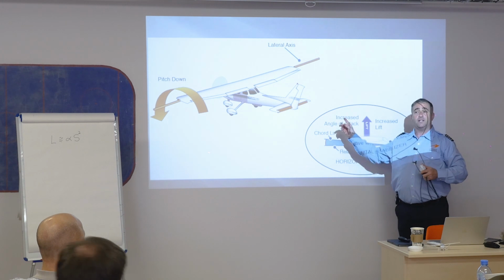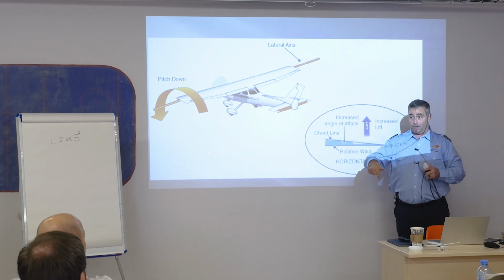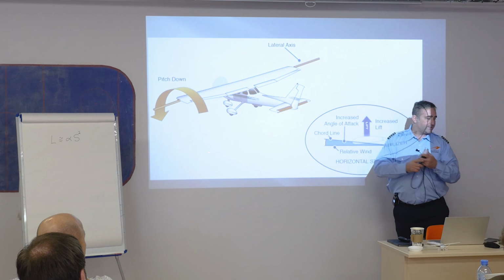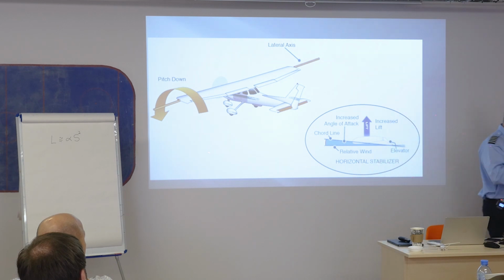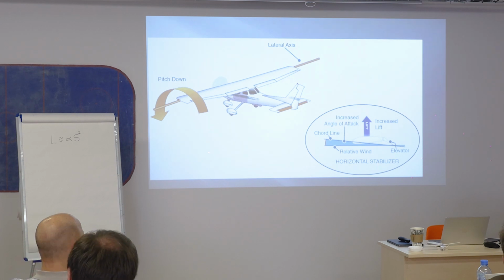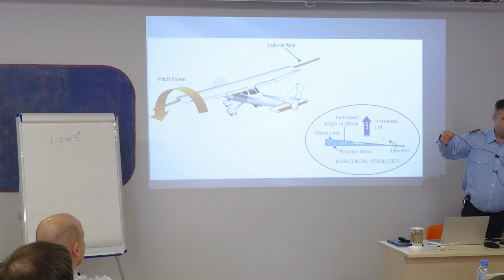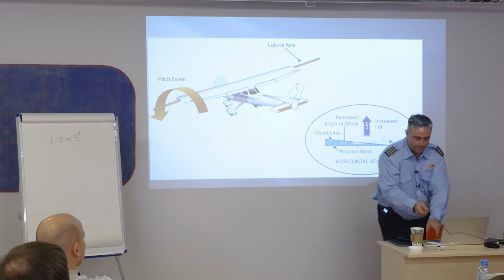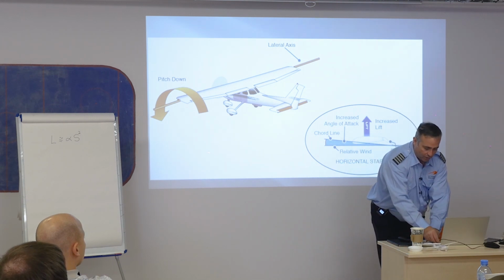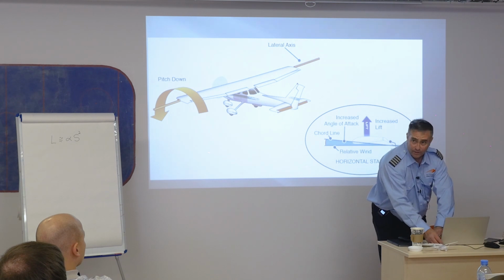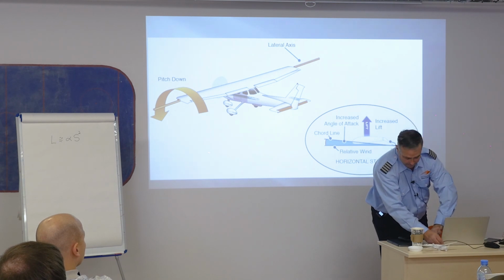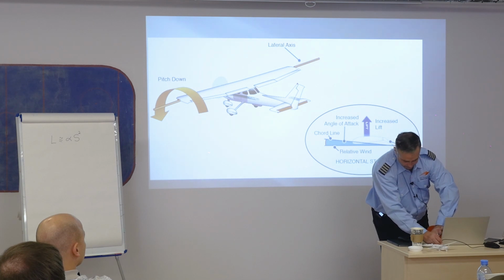But the lift on the tail force points down. Remember, this section is stability. So the entire section is discussing stability. But we don't have any kind of stability at all if I don't have an offset from center of gravity and these lifting forces. Okay?